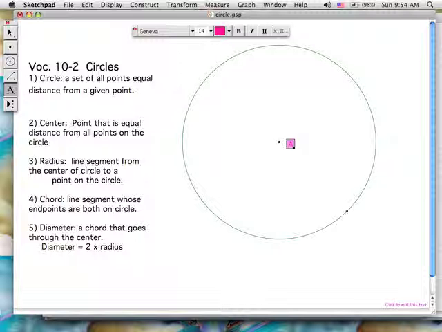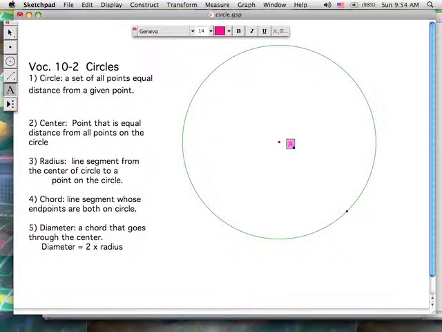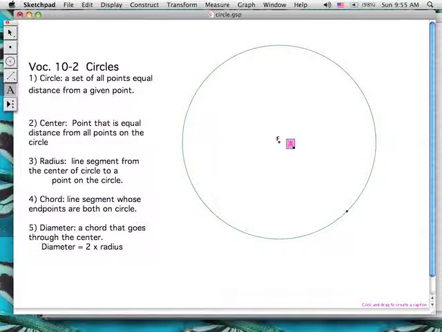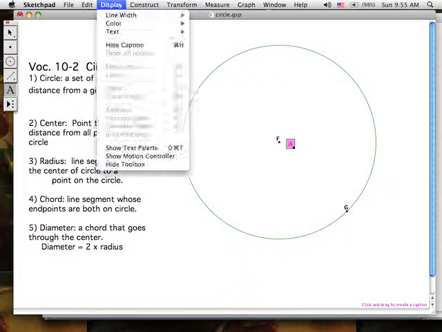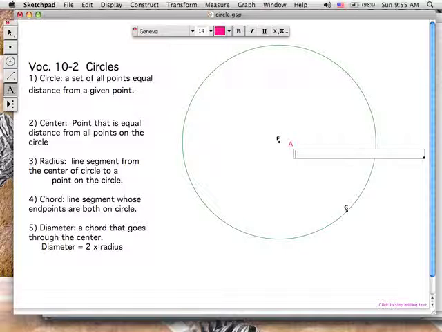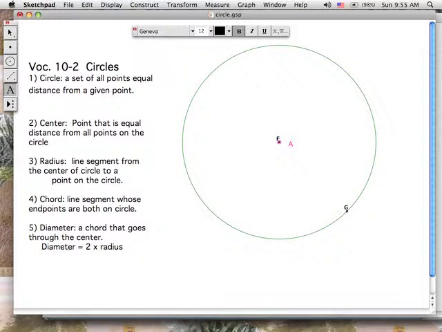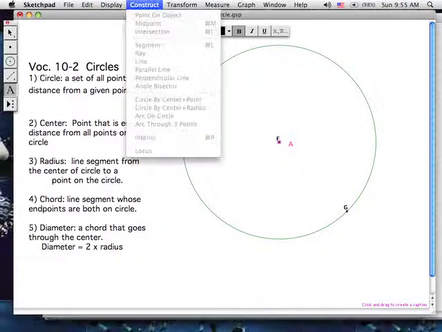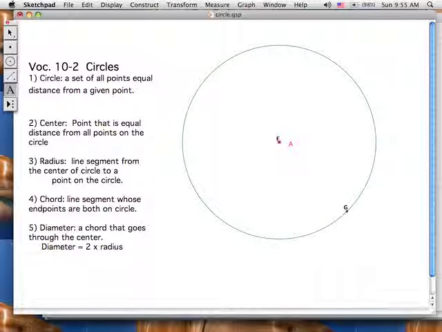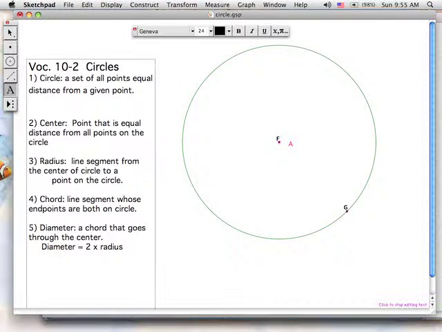The radius is a line segment from the center of the circle to a point on the circle. So if I take this point here and this point here and connect them, well, let's see if I can deselect them because it's not working right now.